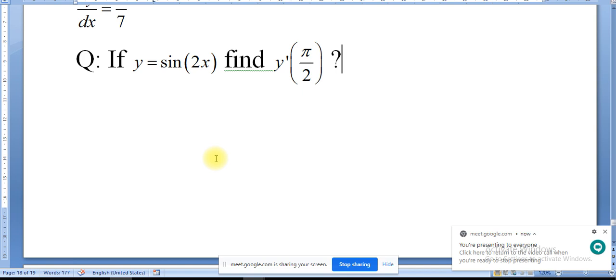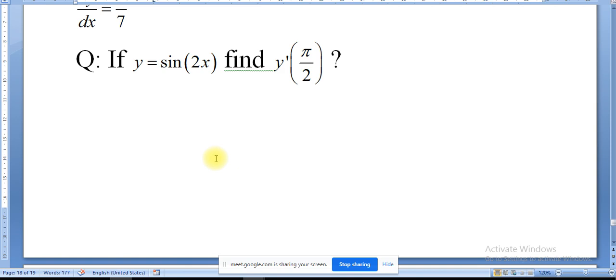Now I have purposefully changed this notation. Y dash is nothing but the dy by dx. It is the same sum. All you need to do is find the derivative of it. But remember, this is a composite function, so you have to use the rules of composite functions and find the derivative first. Then replace the values of x by pi by 2.